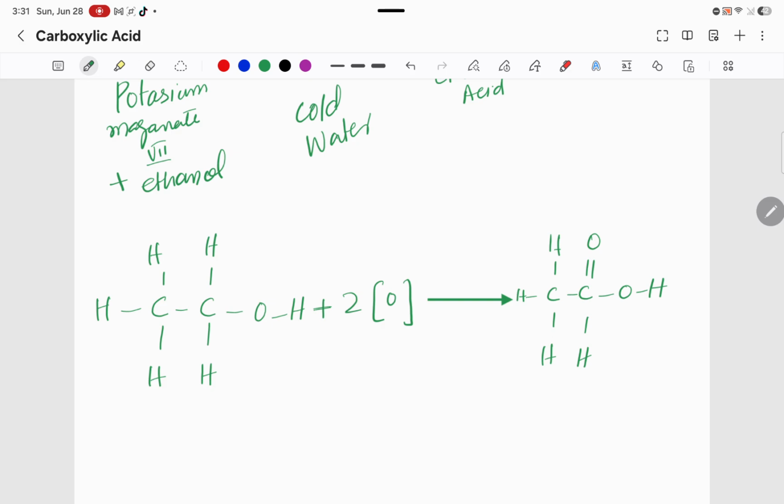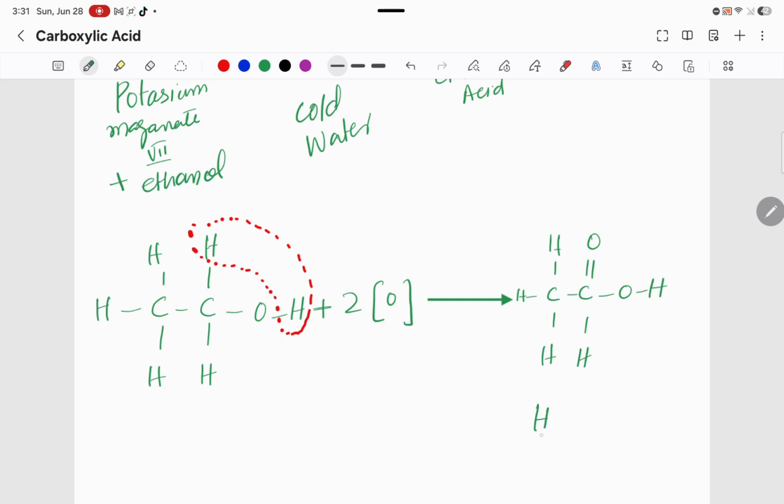So what happened actually? We just removed these 2 hydrogens from here. So let me write these 2 hydrogens.